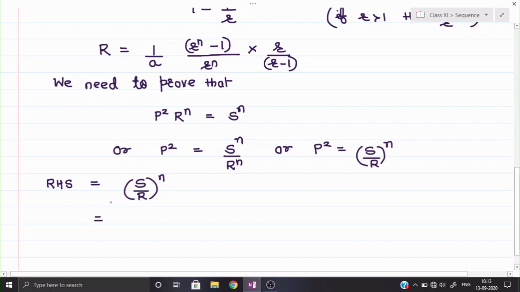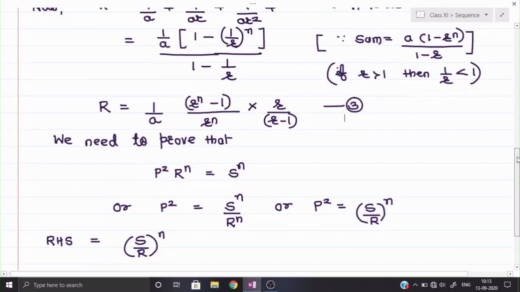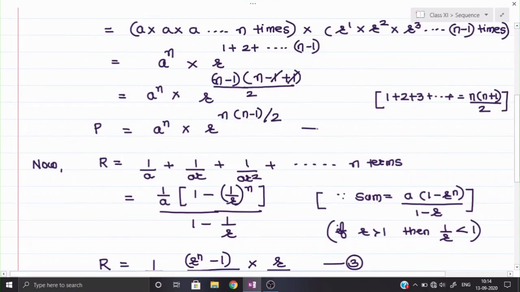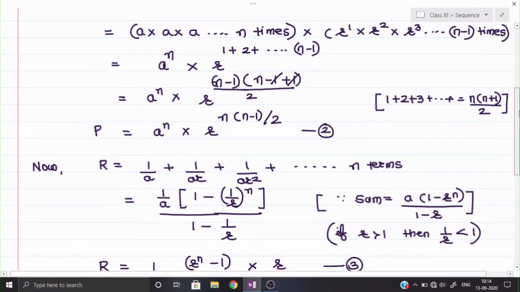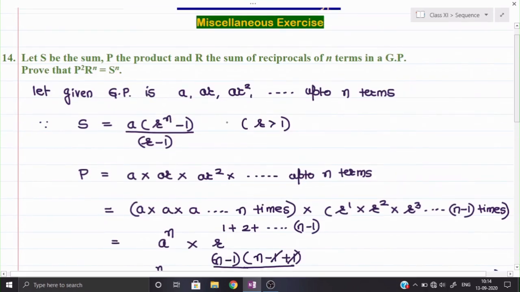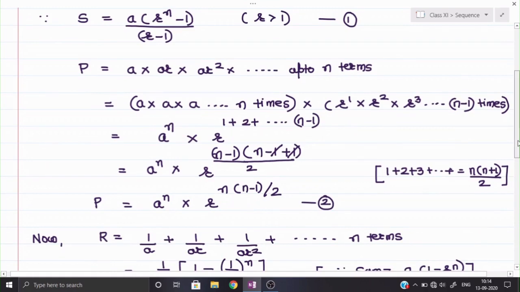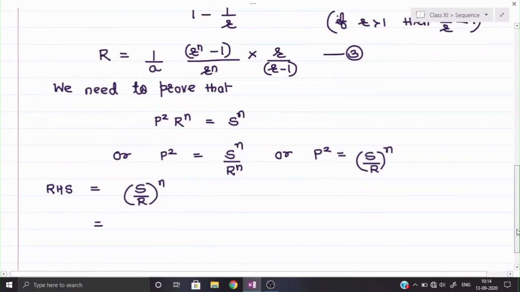Okay, so the value of R we got, that is our equation number third. The value of P we got, that is our equation number 2, and the value of S we got here, that is our equation number 1. Now let us put in the values of S and R. Value of S, you know, is a into r to the power n minus 1 upon r minus 1.